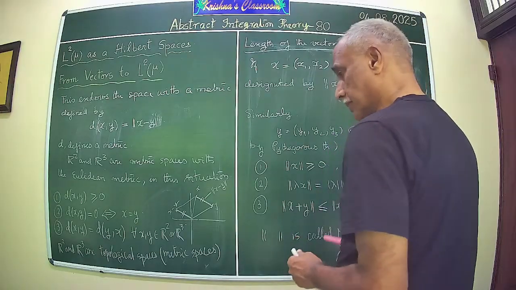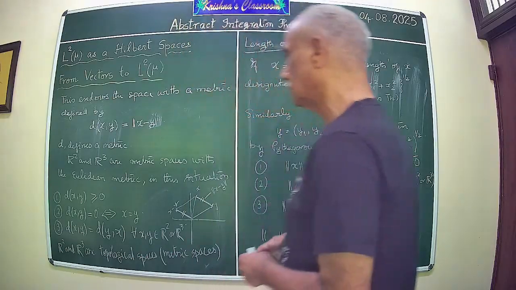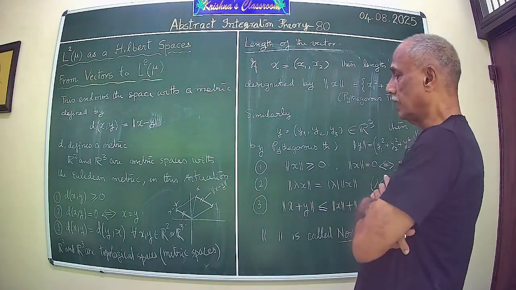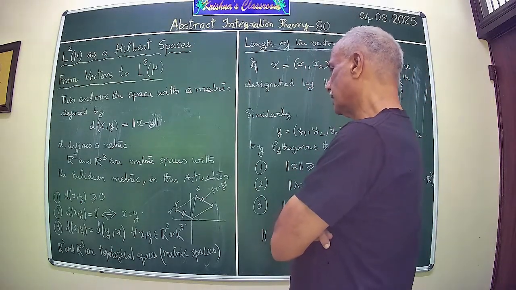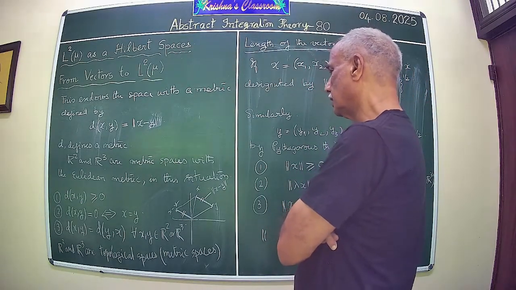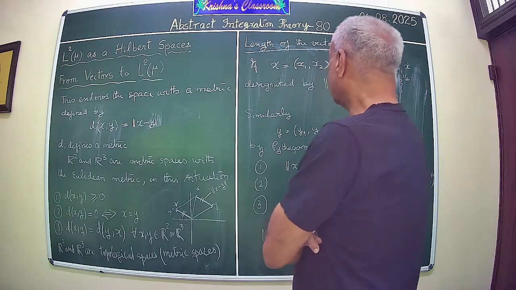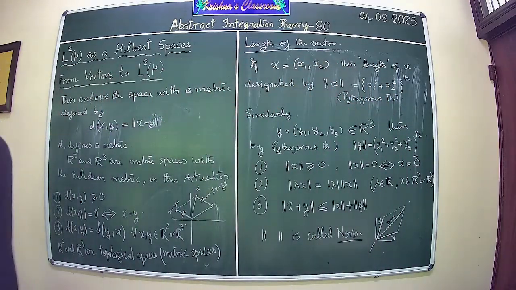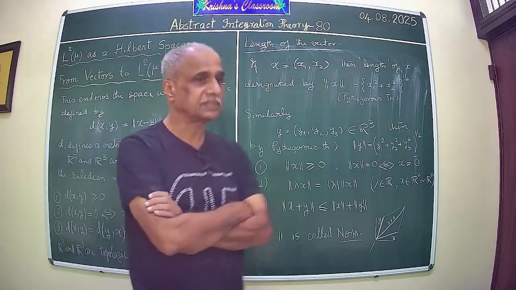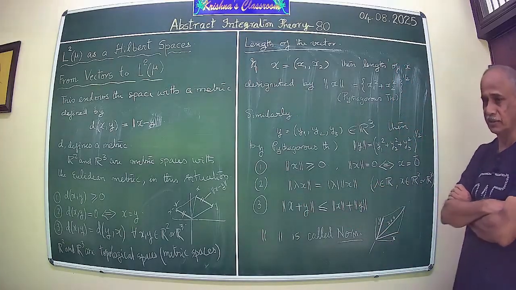That's about the length of the vector. From the length of the vector, you can define what is called a metric, or the distance between two vectors. And this distance between two vectors is essentially the Euclidean distance that you have in this case, and it becomes a metric space or a topological space. Therefore, it's a perfectly nice ground on which you can do analysis.